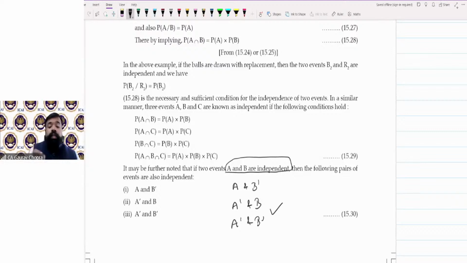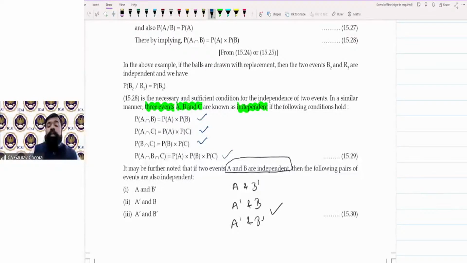Then, if there are three events A, B, and C, they will be independent if a few conditions are satisfied. So what are those conditions? Condition number one says A and B are independent, A and C are independent, B and C are independent, and also A, B, and C, all three, are independent among themselves.